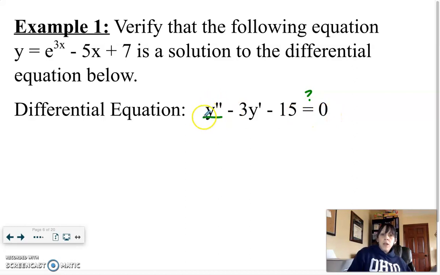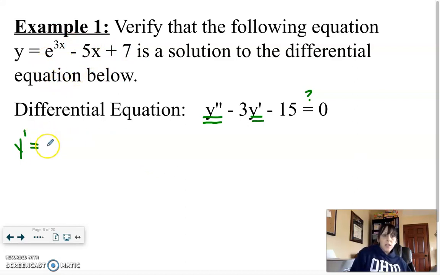Okay, now the two things I'm going to have to plug in are y double prime and y prime. Those are not given in the problem, but y is given. So I can easily find y prime by just taking the derivative of this equation.